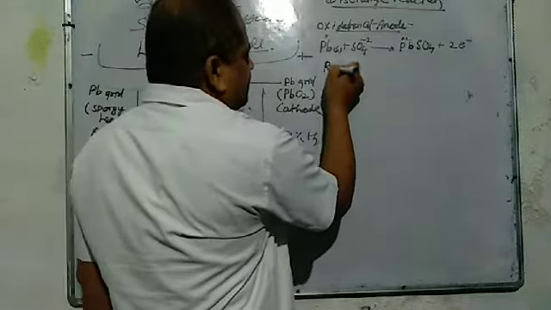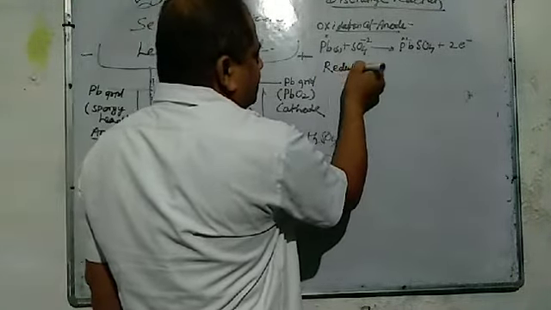Similarly, reduction at cathode: PbO2 plus SO4 2- plus 4H+ plus 2 electrons gives PbSO4 plus 2H2O.